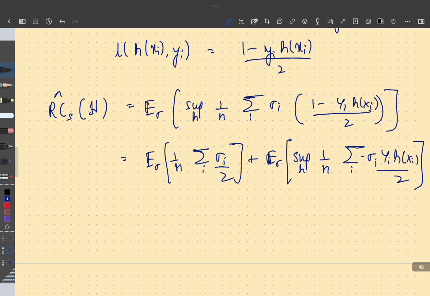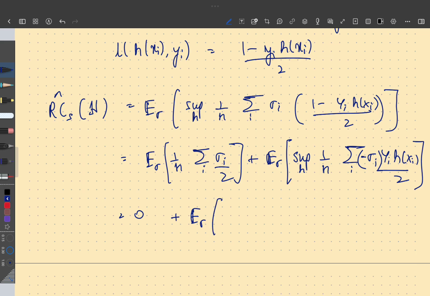Right? Now the first term, what is the first term equal to? It's equal to 0 because sigma i is plus 1 with probability half, minus 1 with probability half, therefore has mean 0. So this is equal to 0 plus expectation over sigma. Now instead of sigma, I could just choose minus sigma. The distribution of plus sigma i is the same as the distribution of minus sigma i, because sigma is a 0 mean random variable.